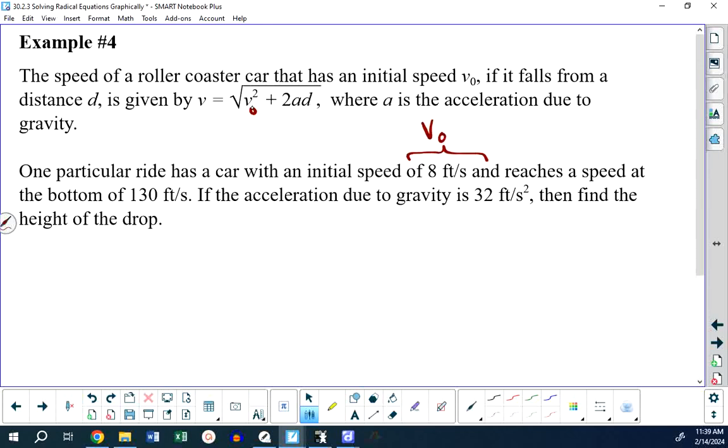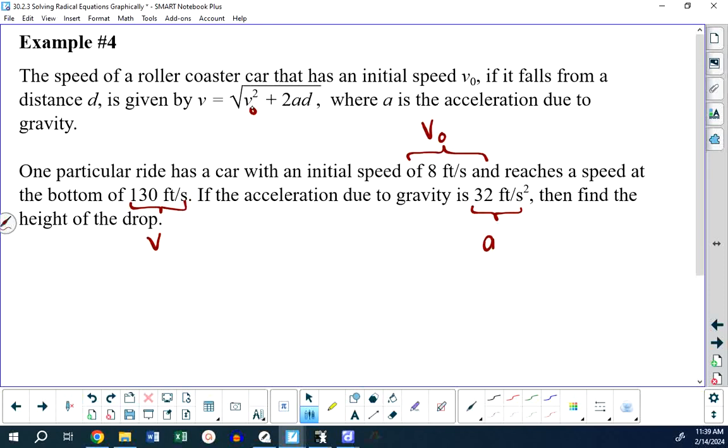Well, that's v0 then. And it reaches a speed at the bottom of 130 feet per second. That's v. And this is the acceleration. What is the height of the drop? What is d?